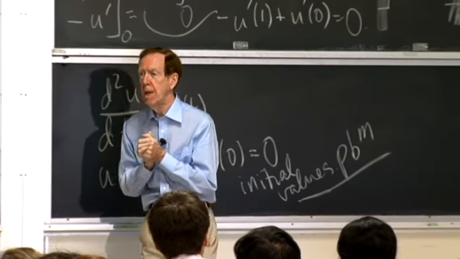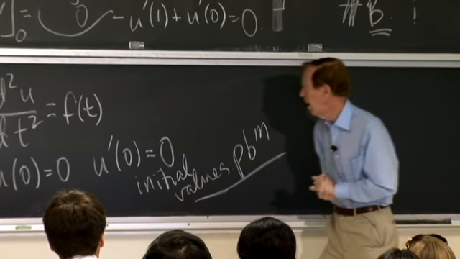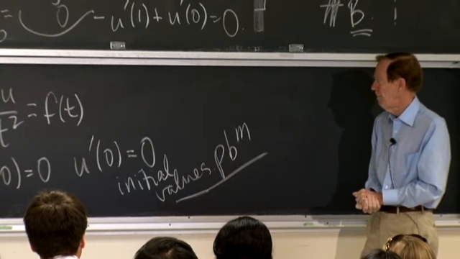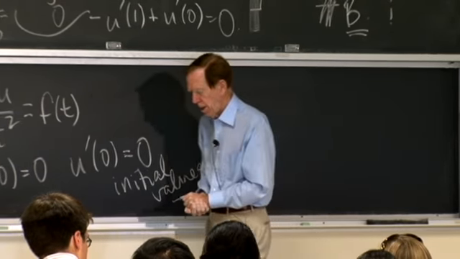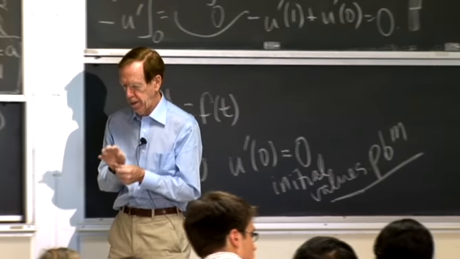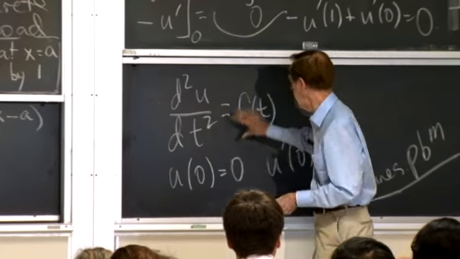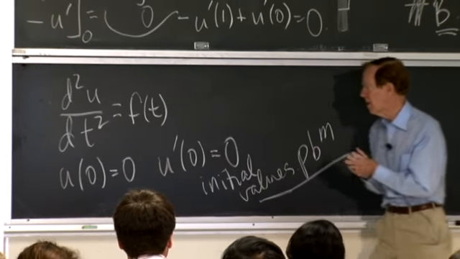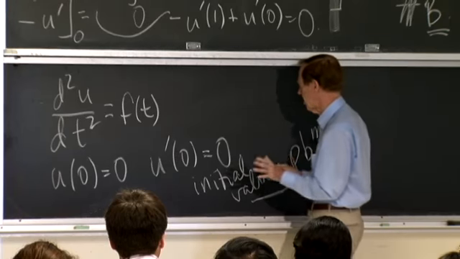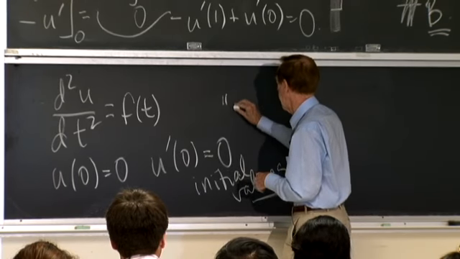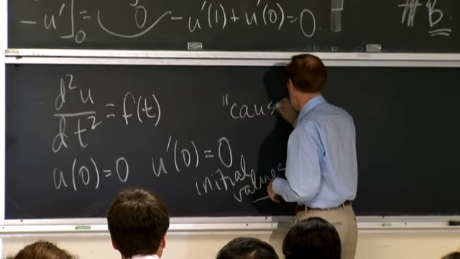Yes? What would the matrix be? Good question. What would the matrix look like? So an electrical engineer would call a problem like this, and the kind of matrix that I'm going to write down, I think would be called causal. That word just popped into my head, so let me mention it.